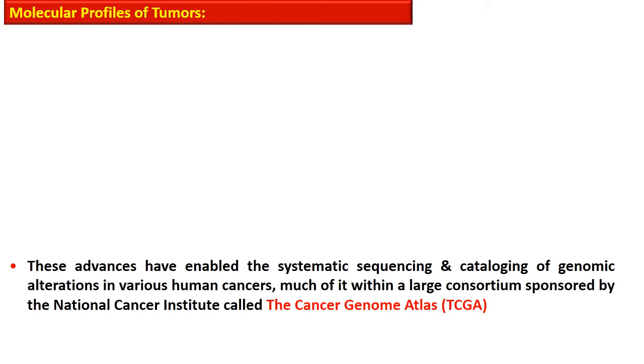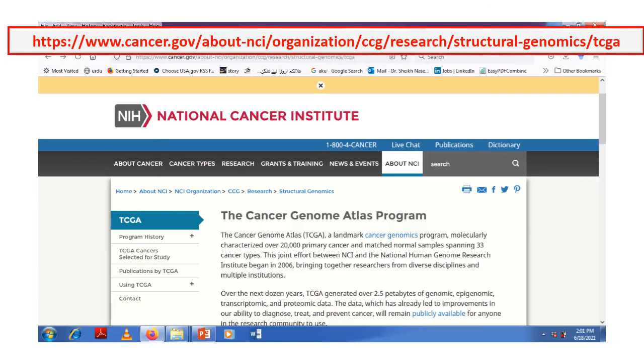That was by the National Cancer Institute, and this project is named the Cancer Genome Atlas. This is the website of the National Cancer Institute, which has every piece of information about the Cancer Genome Atlas program with molecular profiling of almost all the tumors that were studied.